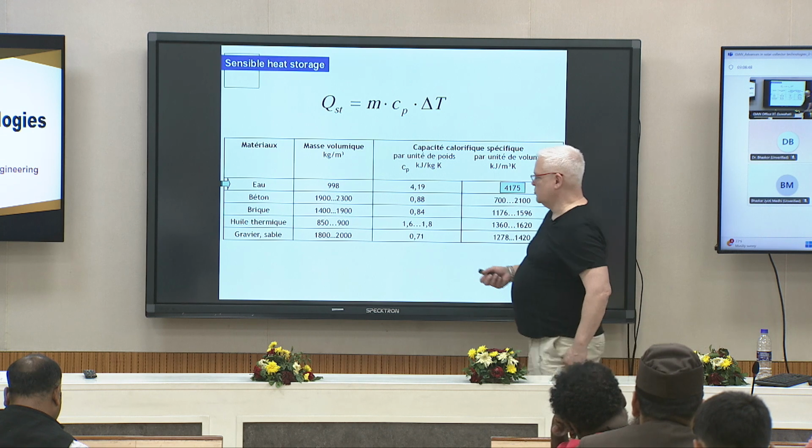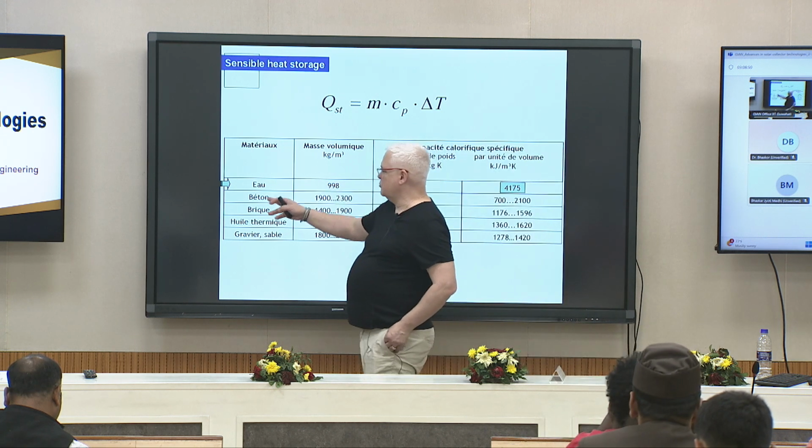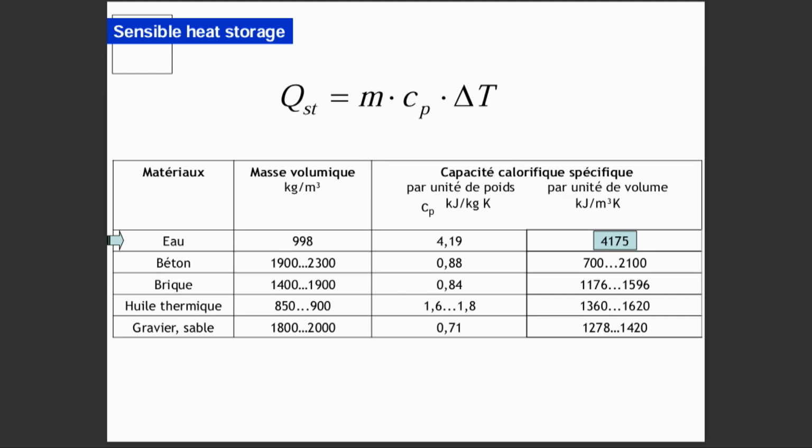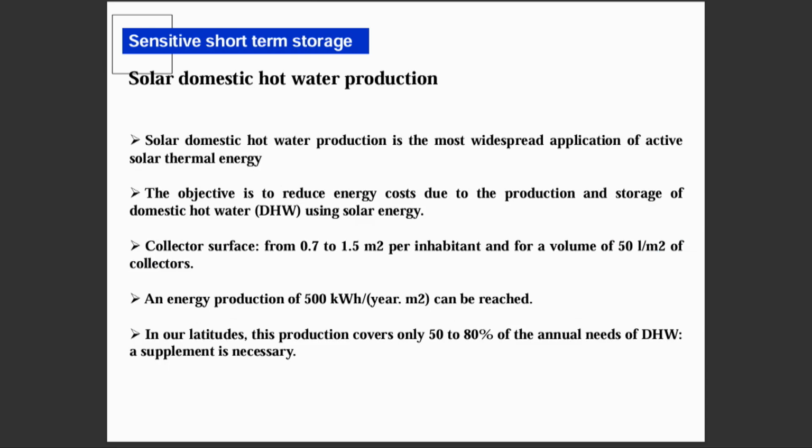We are using water, concrete, oil, and gravel and water for underground storage, or for big time scales. Domestically, the surface of panel is usually not so important, around 1 square meter per inhabitant.